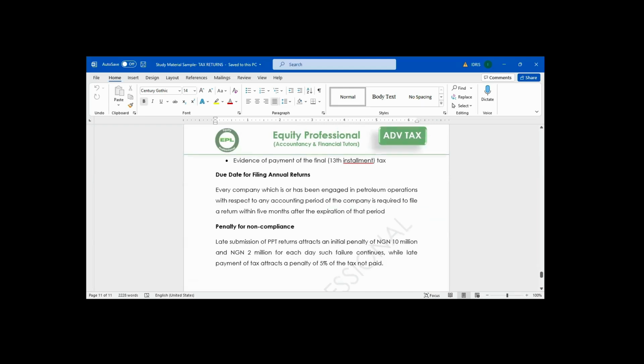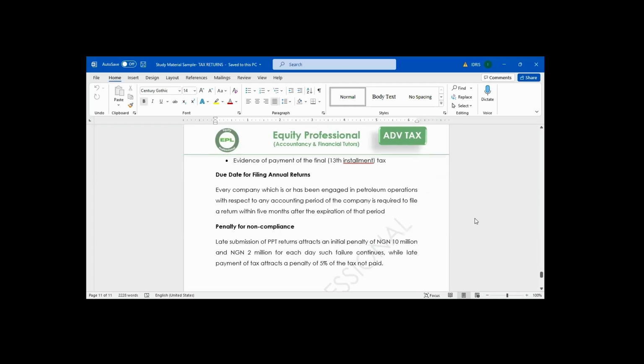Failure to file petroleum profit tax annual return will attract initial penalties of 10 million naira and 2 million naira for each day in which the failure continues.